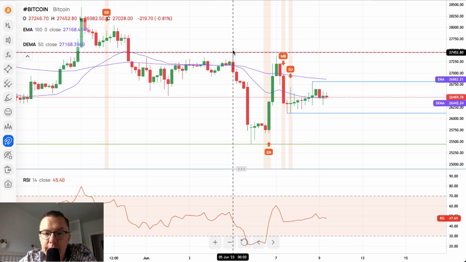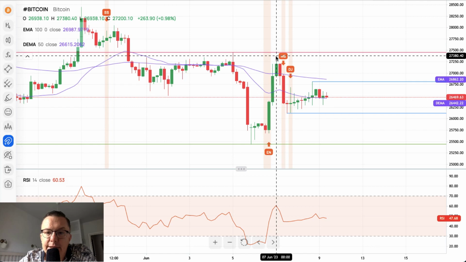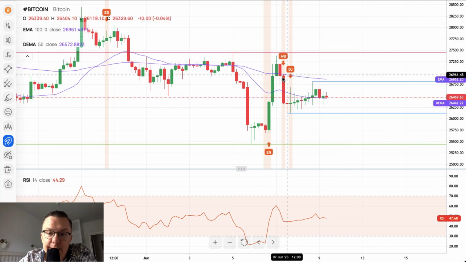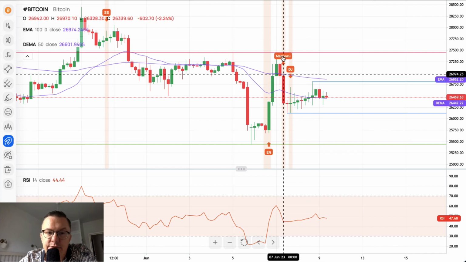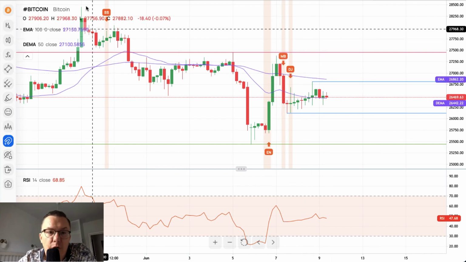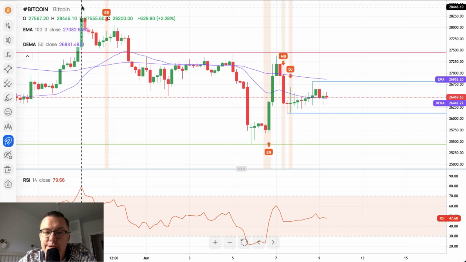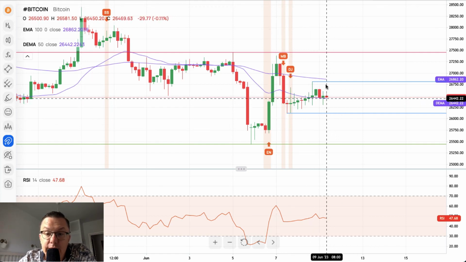There is no high made after the V-shaped reversal above 27,452, okay? And there is no continuation after a period of pullback or consolidation to the upside towards this high, for example, 28,446. So it looks like something is cooking here.